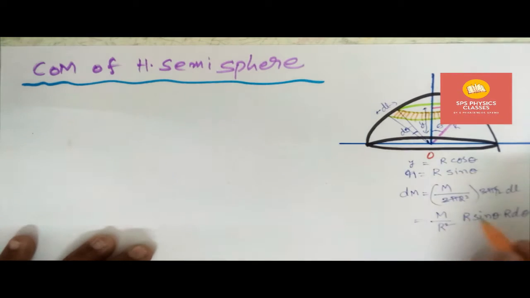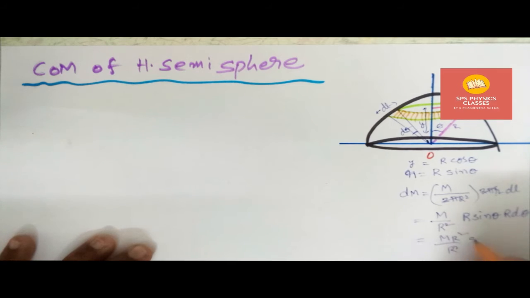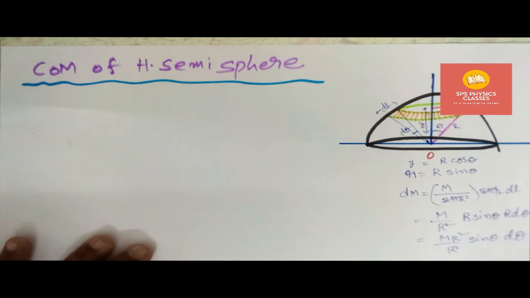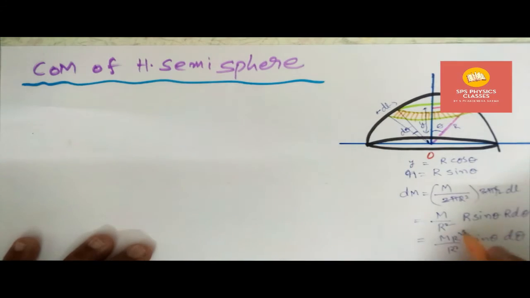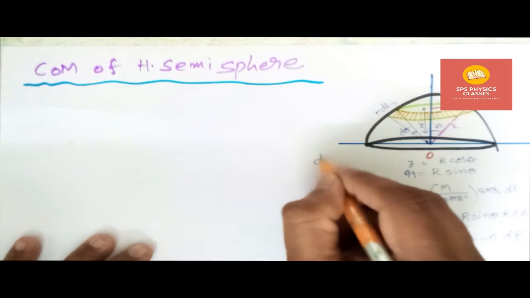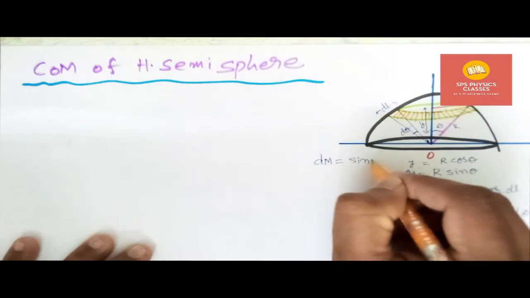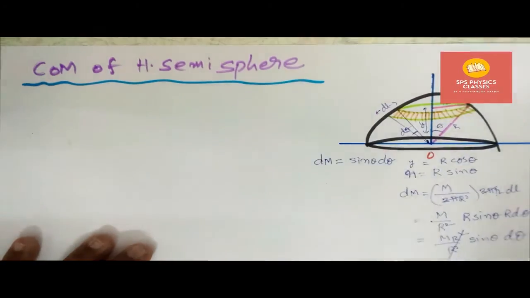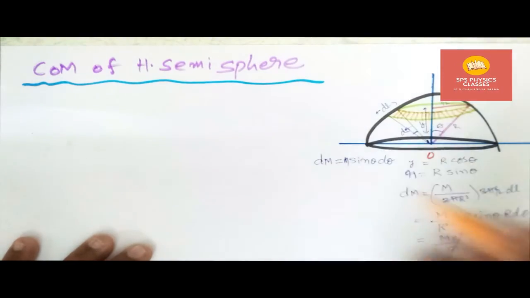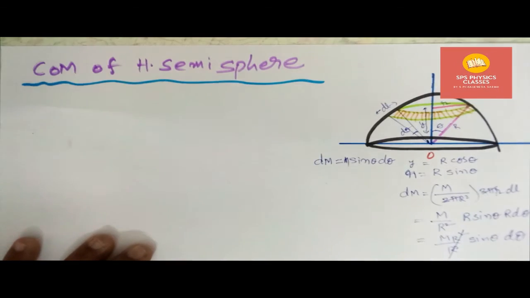Therefore dm is M into r square by r square, sin theta d theta. Further cancelling like terms, dm is M sin theta d theta, with the total mass M as the coefficient.